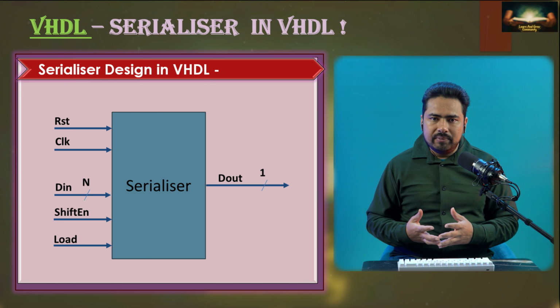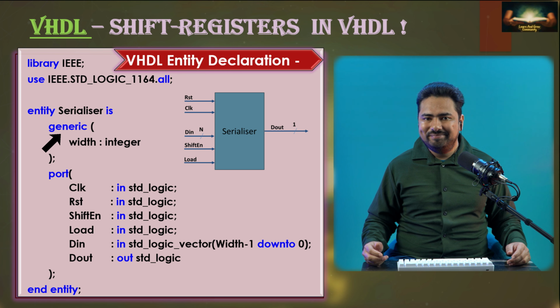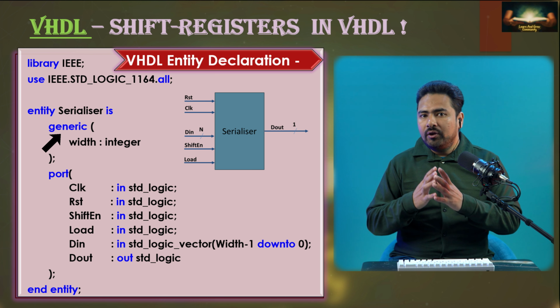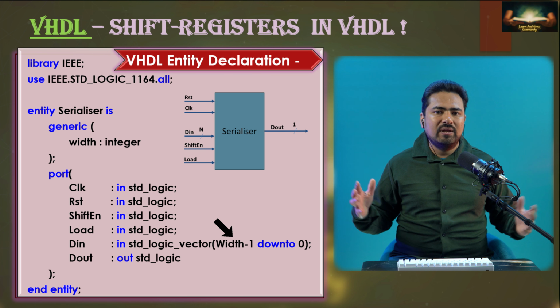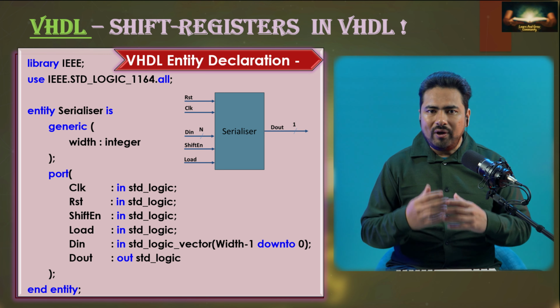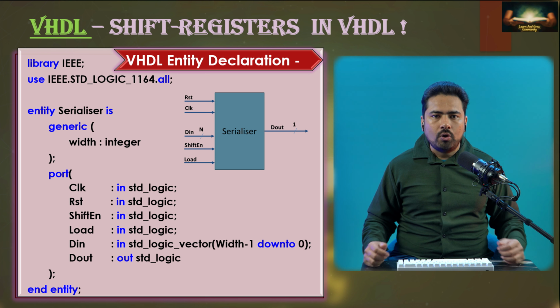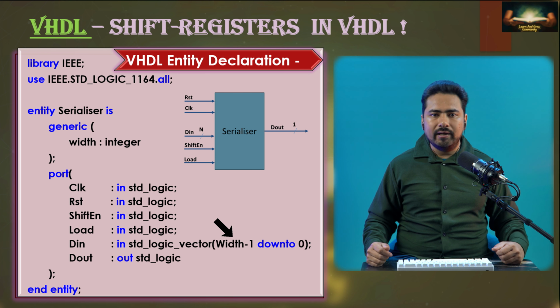Now in our example, we will use generic to design our serializer. Why? Because by using generic in VHDL, you can adjust its parameters for different application needs, such as the width of your parallel data input. For example, you need it for 4-bit parallel inputs, or for some other project, you need 32-bit parallel input.